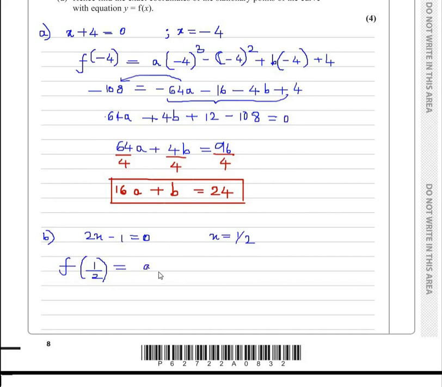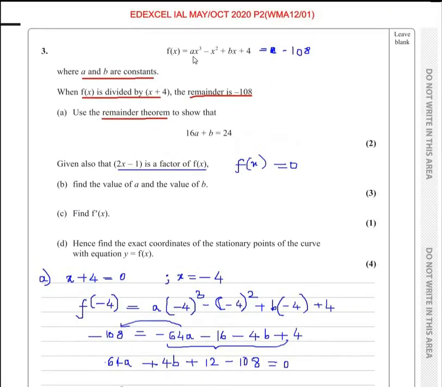So it becomes a times 1 over 2 the whole cubed, minus 1 over 2 the whole squared, plus 8 into 1 over 2 plus 4. In the same equation that was given, I have substituted x equal to 1 over 2.